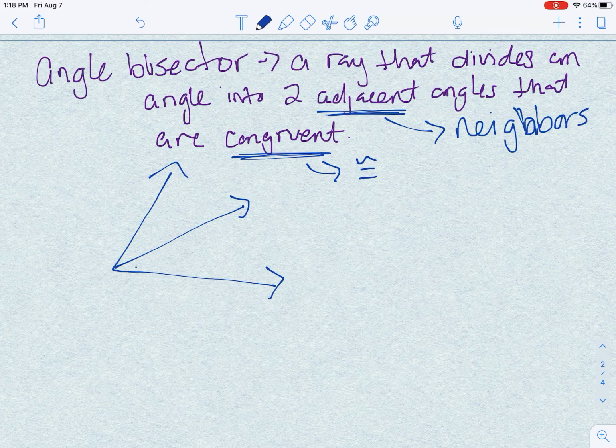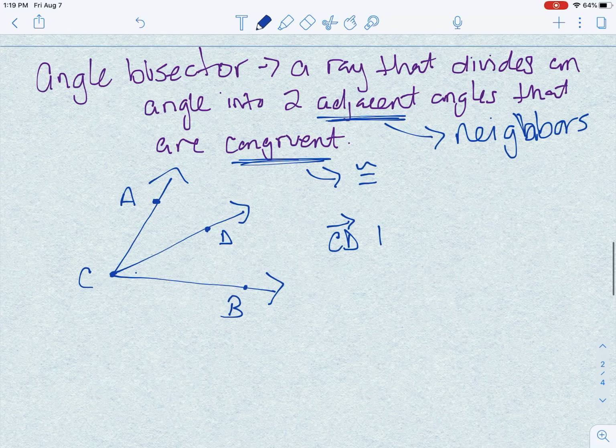We have an angle and then here's a ray in the middle. Let's call this angle ACB, and then we'll put this point D here. CD is a ray, so I'm going to label it a ray, and it bisects angle ACB. What does that mean?